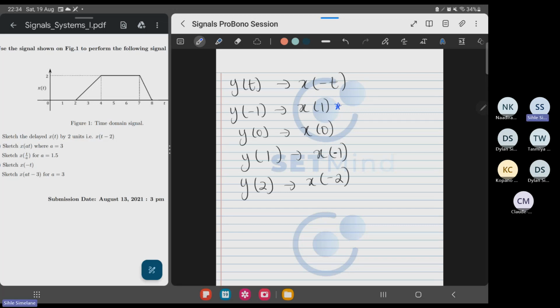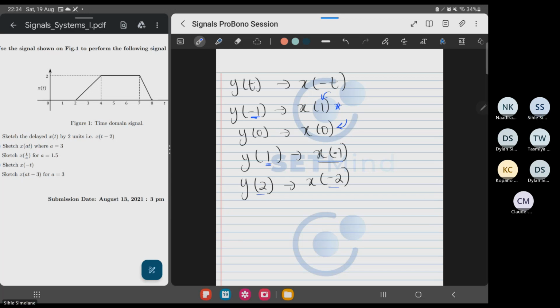Does it make sense? Yes. So if you look at this expression carefully, the current y is dependent on a future x. And then when we get here, it becomes a causal system, or it becomes just instantaneous. Then when we get here, the current y now depends on a previous x. And as we go up, the current y is dependent on a previous x.